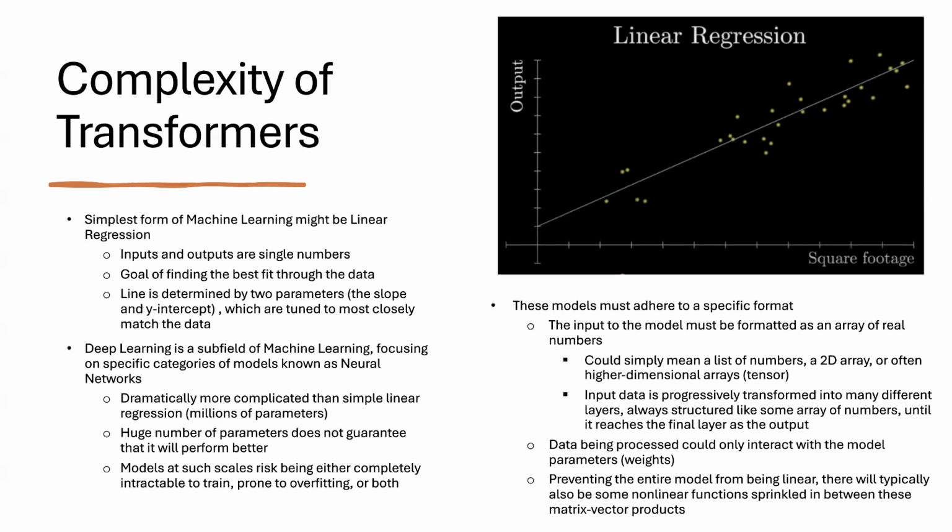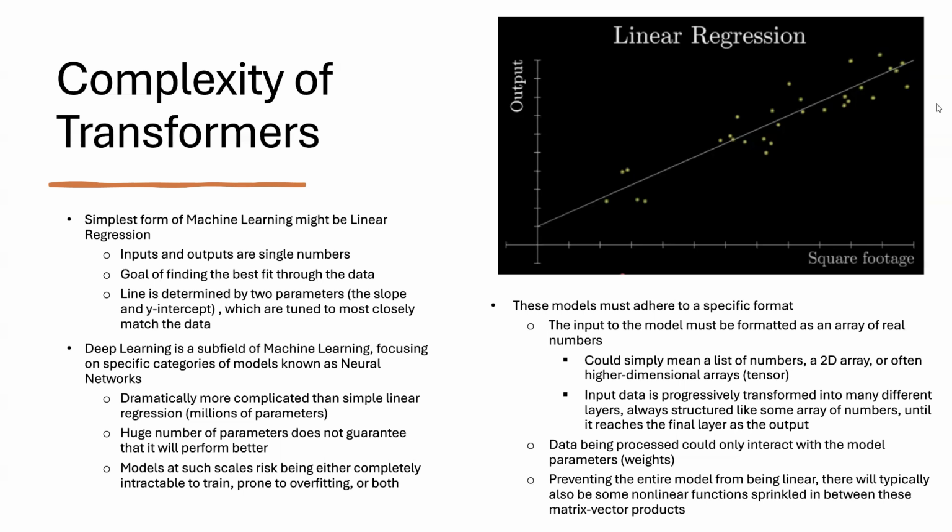The line is determined by two parameters, the slope and y-intercept, which are tuned to most closely match the data. As we can see in the image right here, we have our output, the square footage, and we see that the y-intercept is at a point higher than zero, and then it's taking the average between all these many different points on the graph to make the most average slope out of them.